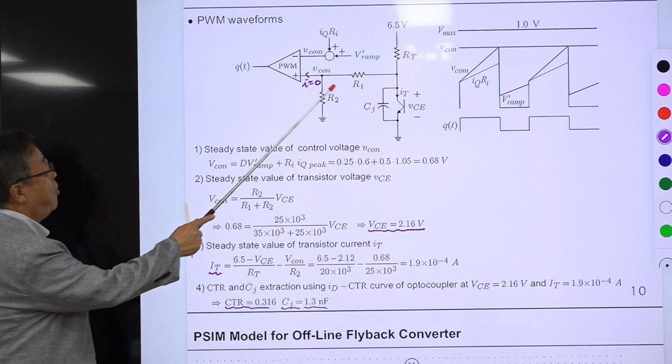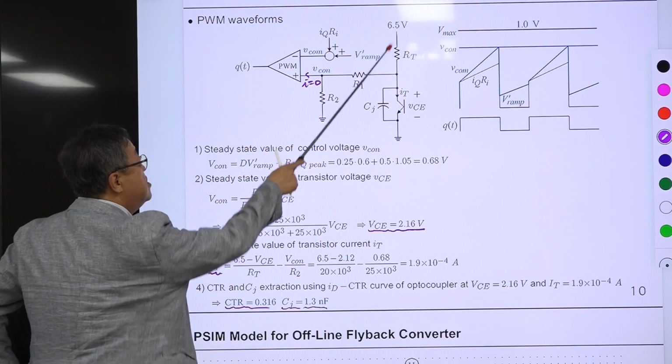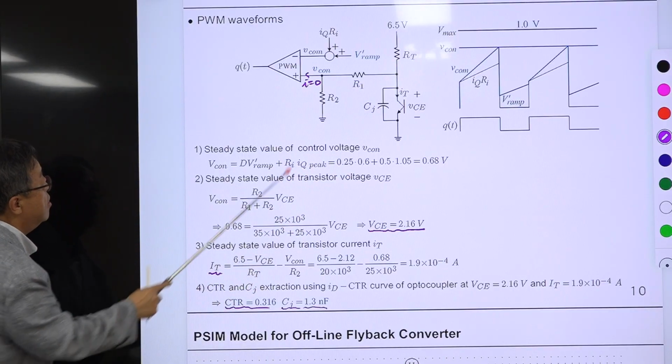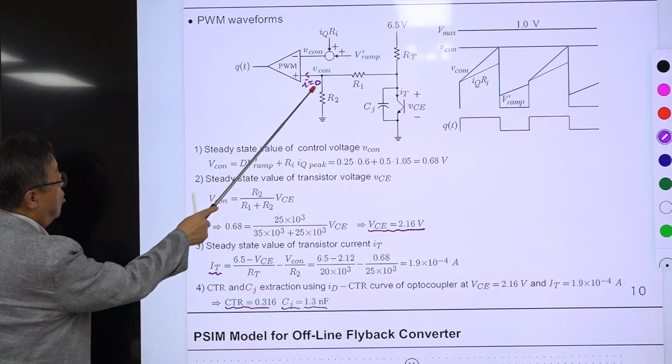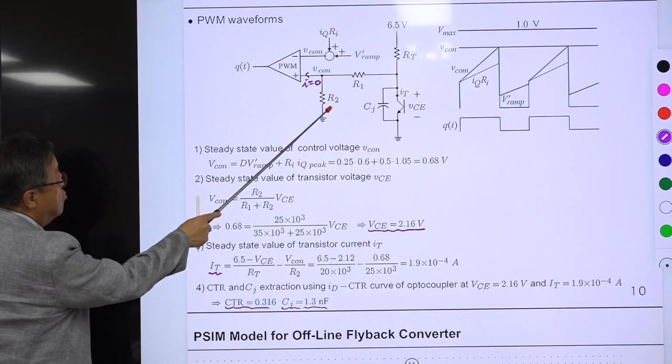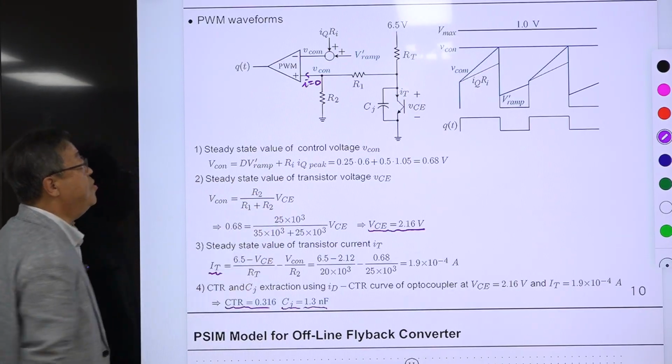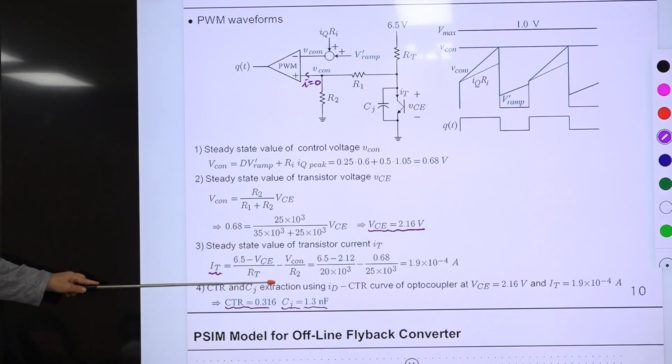Then if you know the value of this, you know this current, and from this current you subtract this current, this voltage known, you know this, then these two currents are known, then you automatically determine IT. So VCE is decided and IT is computed.